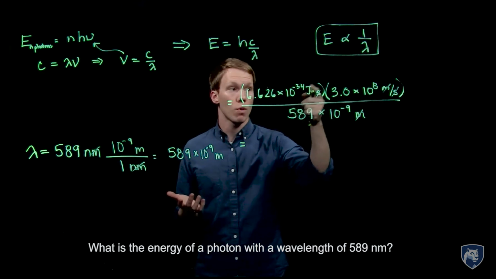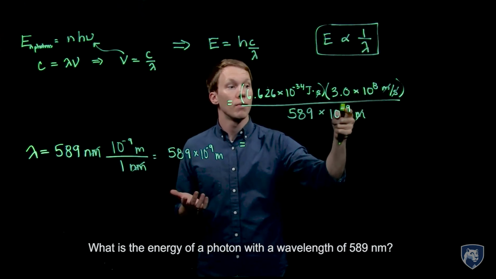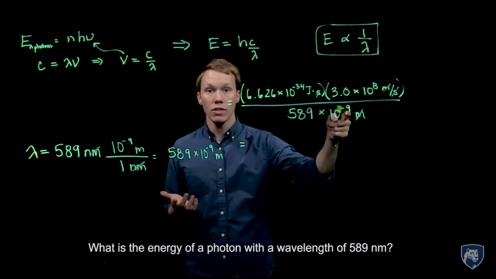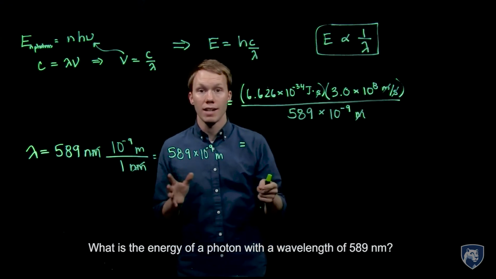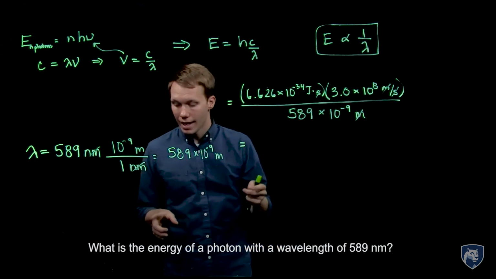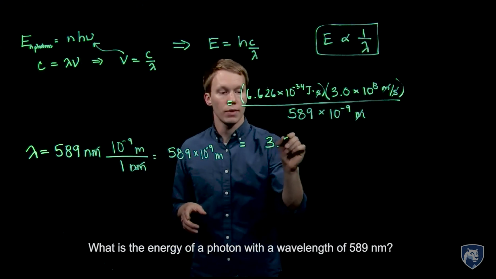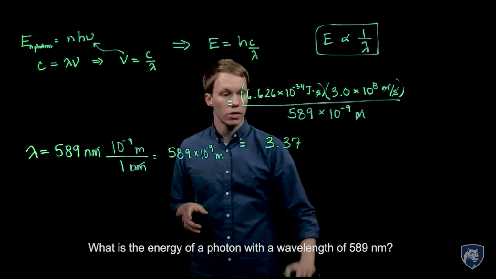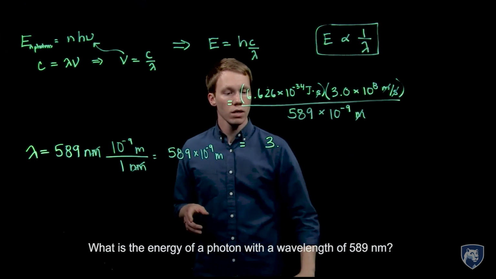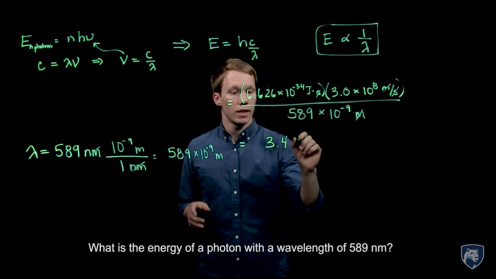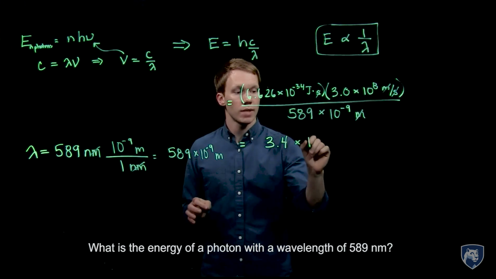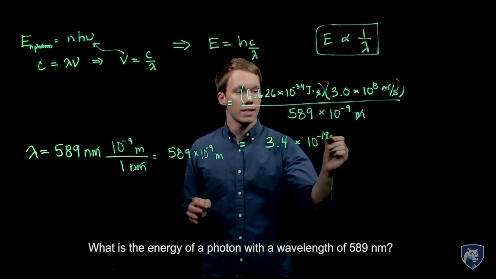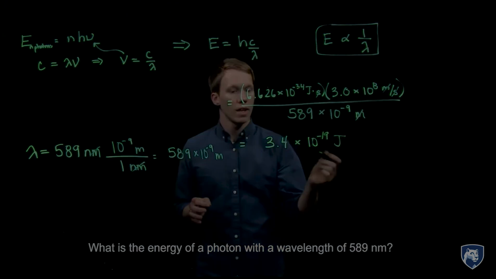So minus 34 plus 8 minus a negative 9 should give me about 10 to the minus 19th. And if we calculate this out, we get 3.37, which would round to 3.4, accounting for sig figs, times 10 to the minus 19th joules.